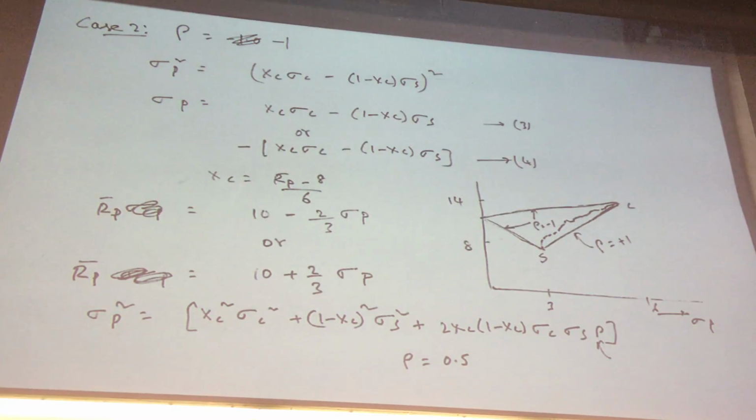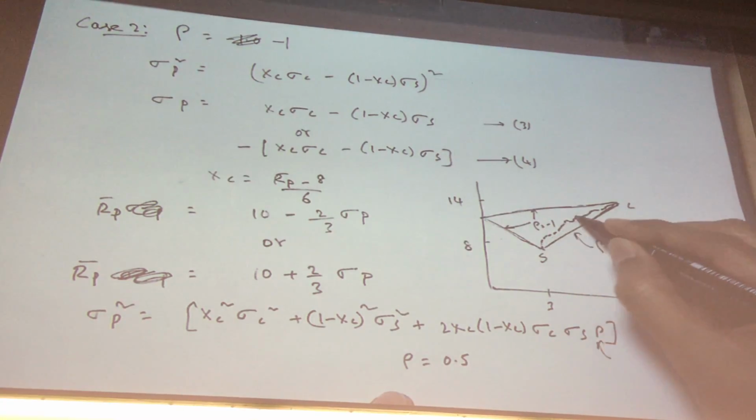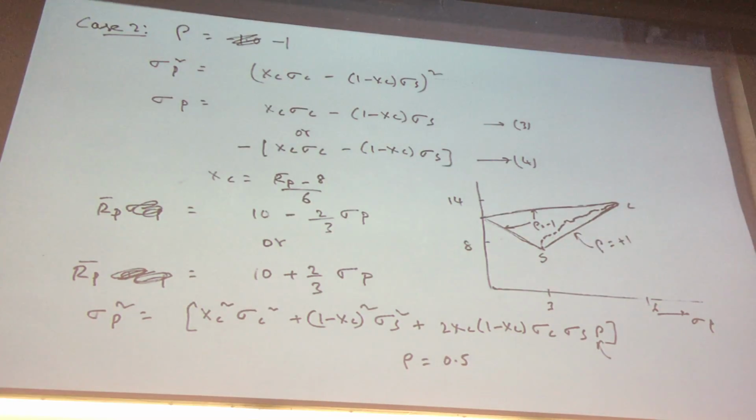Now the next question is, in general, what is the shape of the feasibility set? There are many intermediate points: rho equals 0.5, rho equals 0.001. But rho equals 1 and rho equals -1 are basically very simple, because they create a sort of straight line kind of feasibility sets.